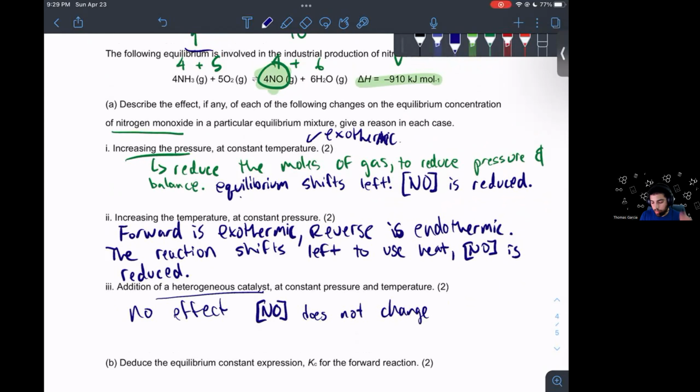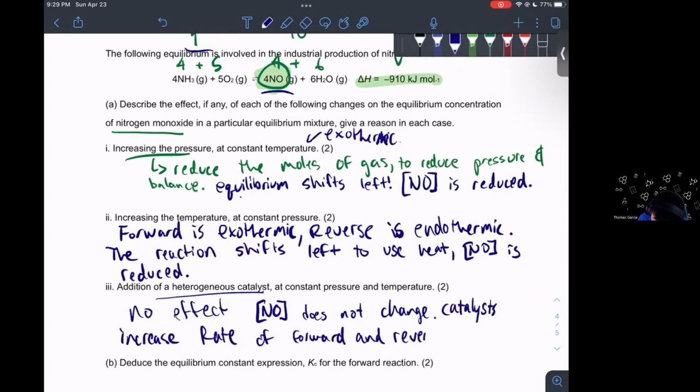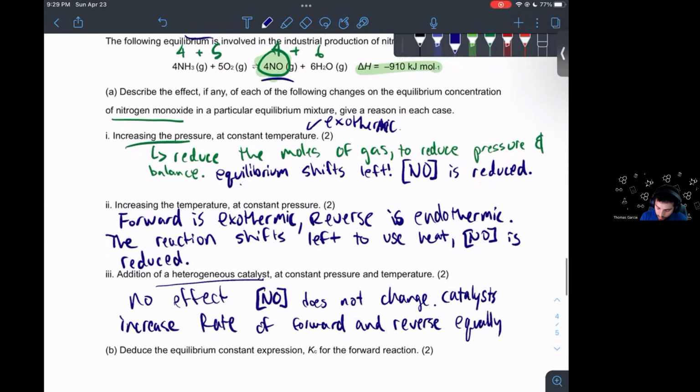Remember, we are talking about all of this in terms of NO, and I had already forgot. So we said that catalysts increase rate of forward and reverse equally.